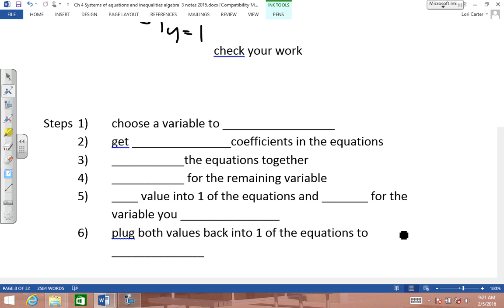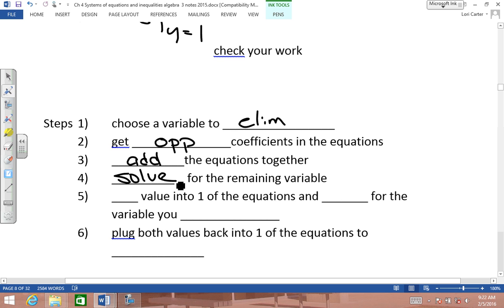Okay, you choose a variable to what? First step. Eliminate. Okay, get what kind of coefficients? Opposite coefficients in the equation. What do you do with the two equations? You add them together. Then you solve for the remaining variable. Then what do you do with that answer?